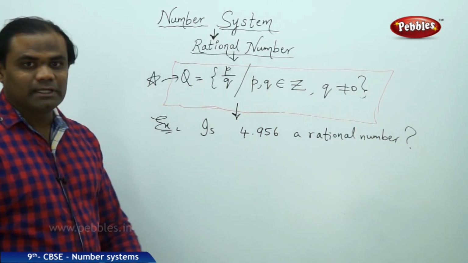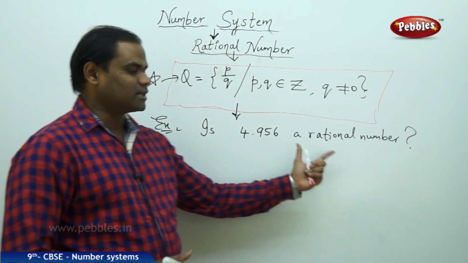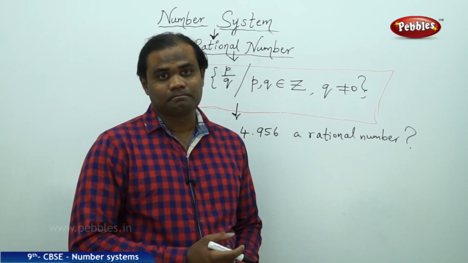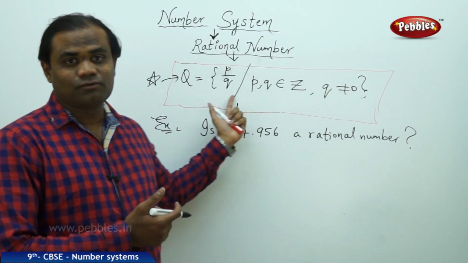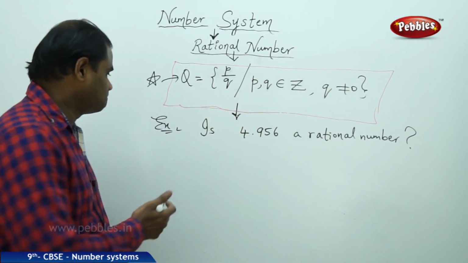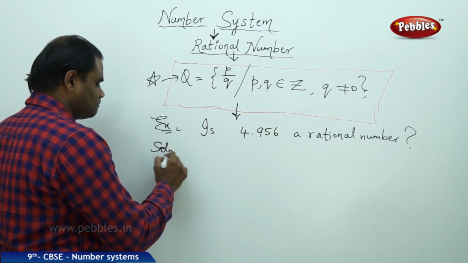So my question here is: is 4.956 a rational number? Let's see based on the two tests applied for this basic definition.